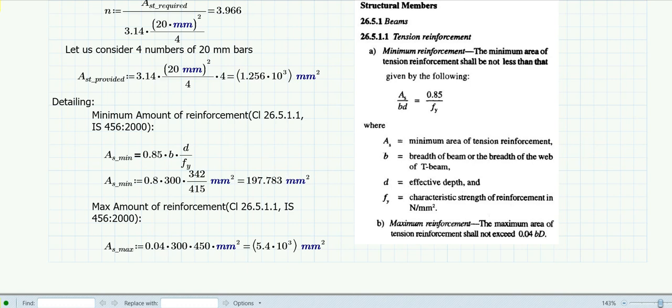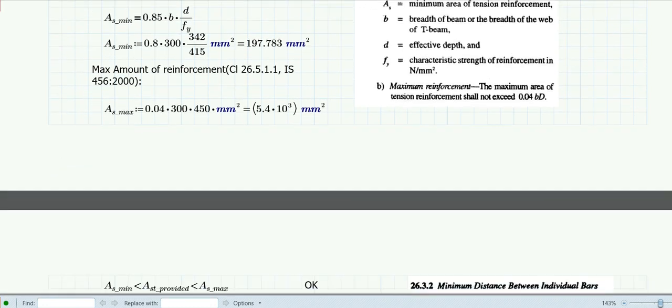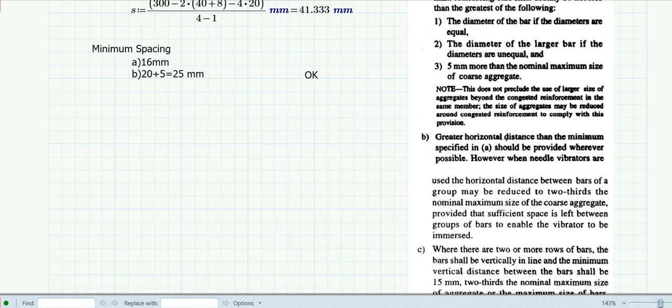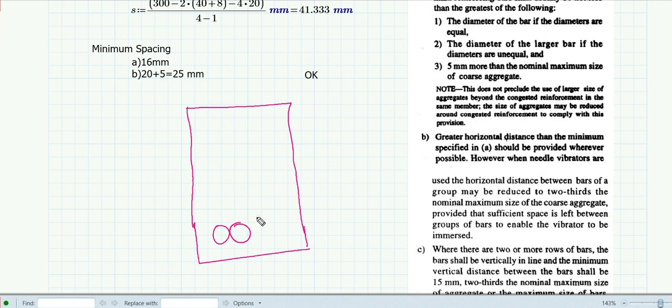Now we also have to take care of the spacing, because the spacing is very important. Suppose you have a beam; I think you have seen how beams are cast. If the reinforcements are very close to each other, what will happen?